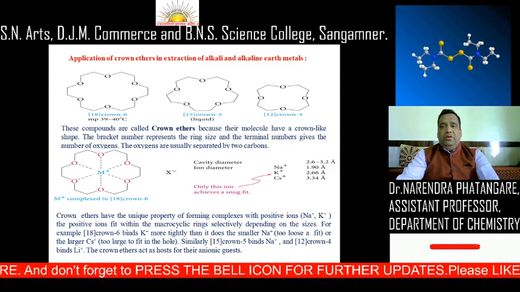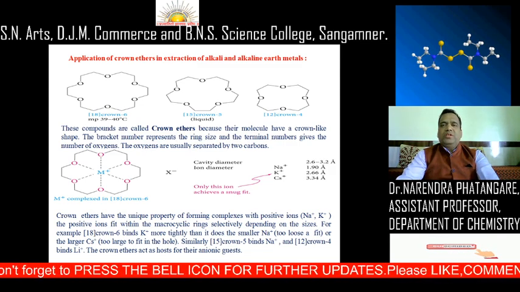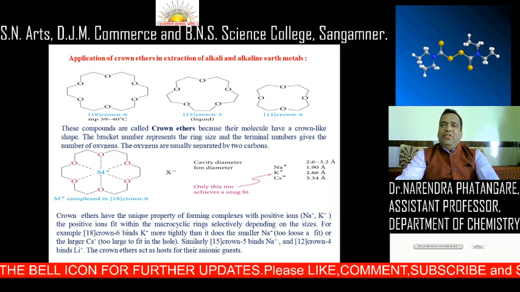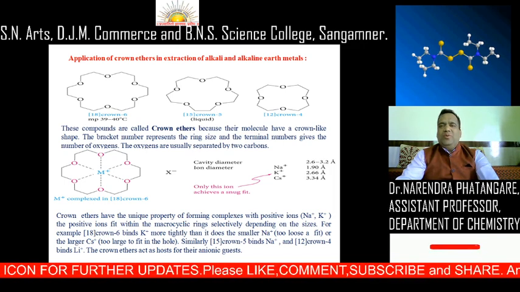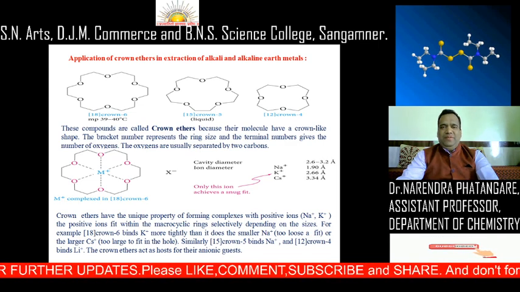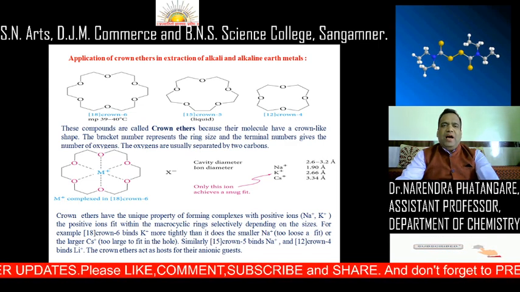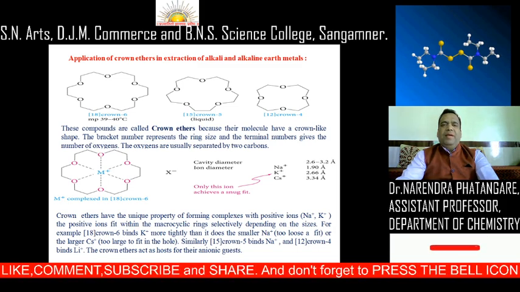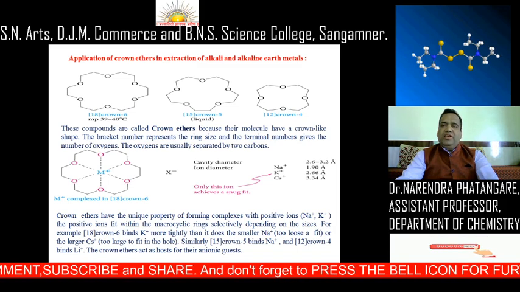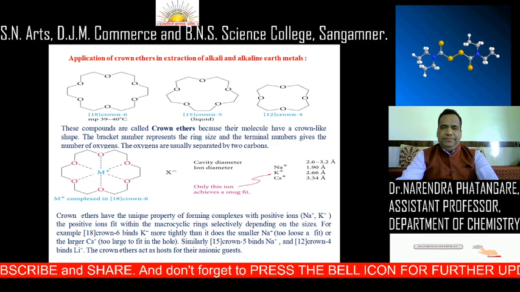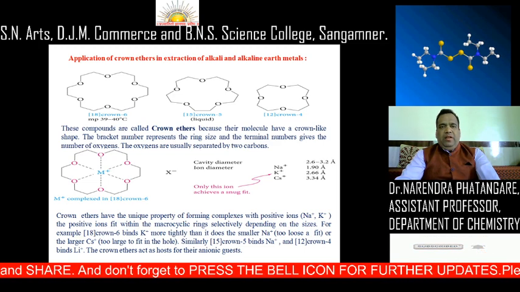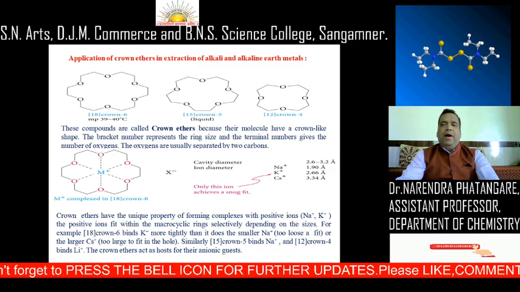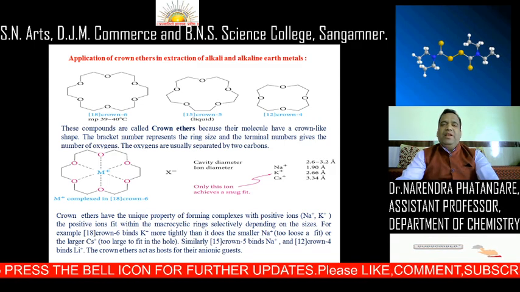And now we go toward the important topic of alkali elements, that is the role of crown ether in the extraction of alkali and alkaline earth elements. Generally, crown ethers are of diethyl ether type, or a derivative of 1,2-diol. When three molecules of 1,2-diol are combined with each other, they can form 18 crown 6.